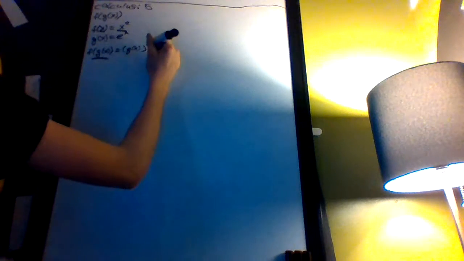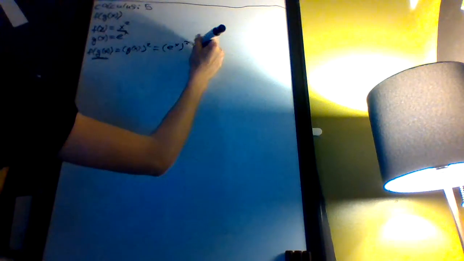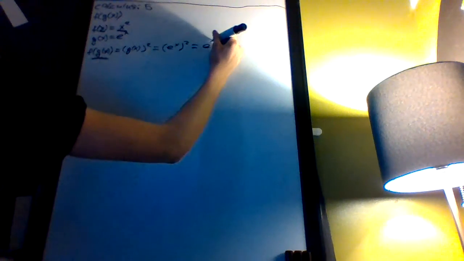Now, f of g of x is like replacing all of the x's in this equation with g of x. So this is going to be g of x squared. But what's g of x? Well, it's e to the x. Square it, multiply that 2 down, it's e to the 2x.